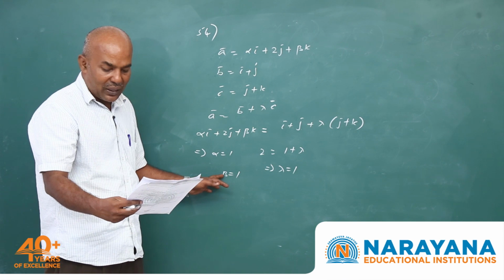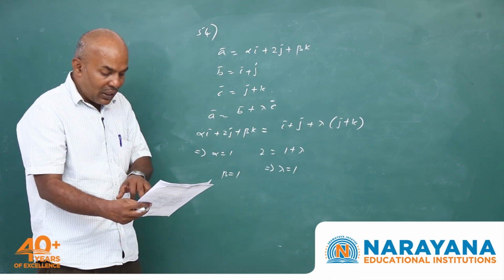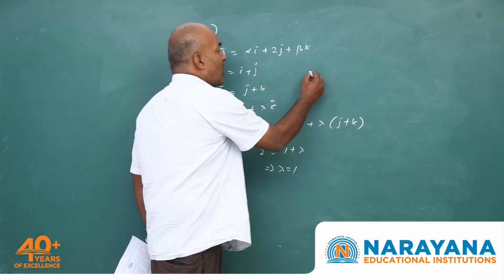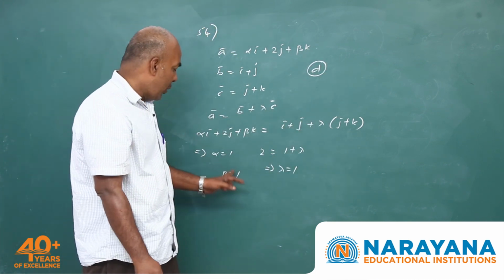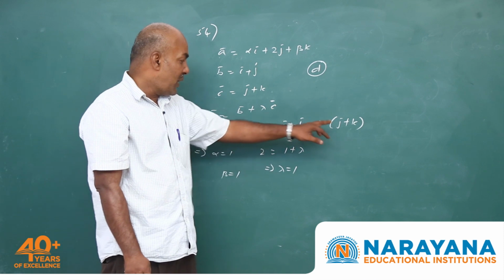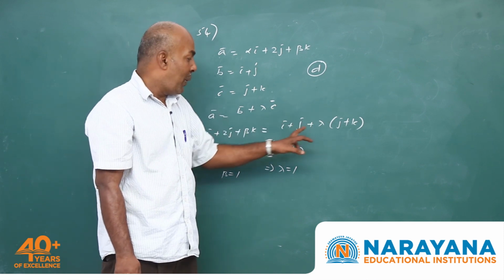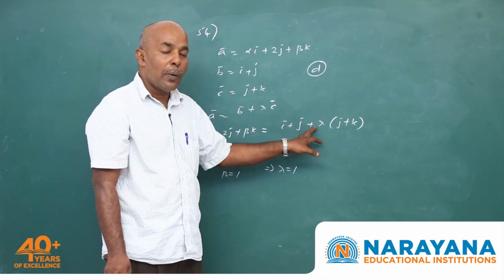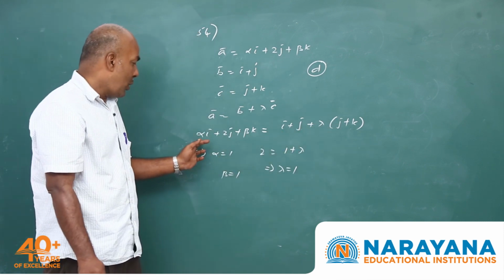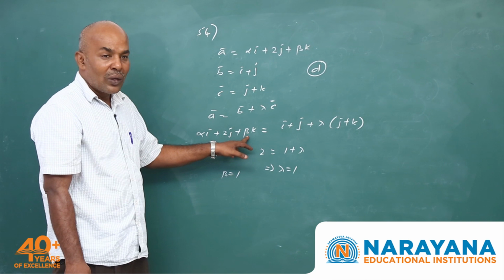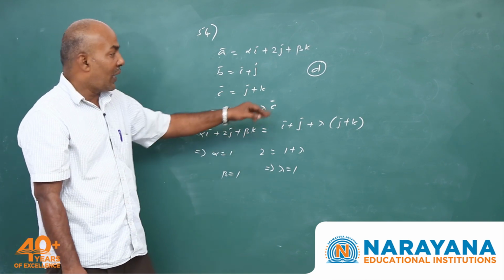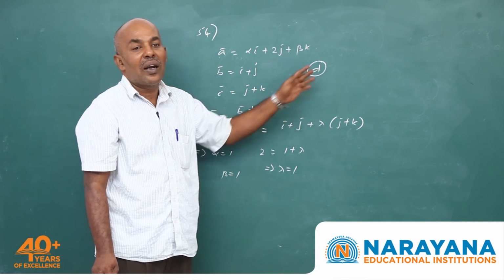So the given answer is D. D is the correct answer for the question. You may go for checking also, alpha equal to 1 and beta equal to 1. When you resubstitute here, it becomes i plus 2j plus k. Here also alpha equals 1 and beta we can find out is 1. So it matches. So the correct option for the question is D.